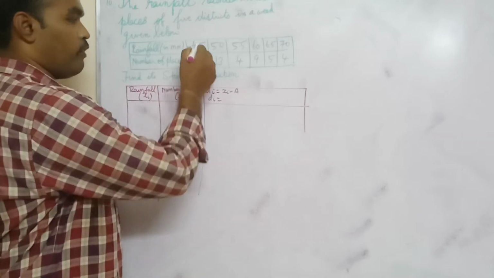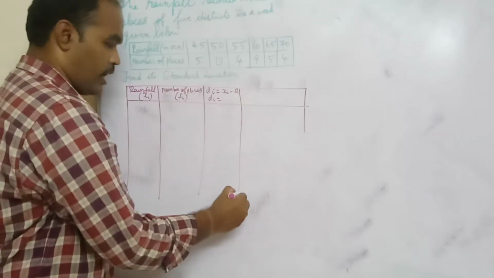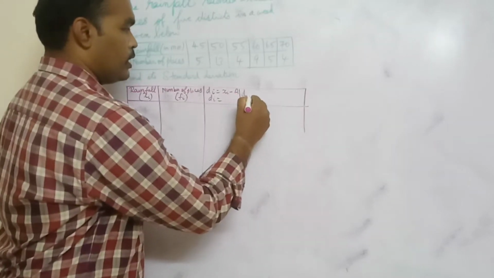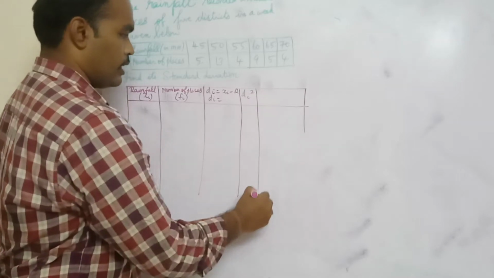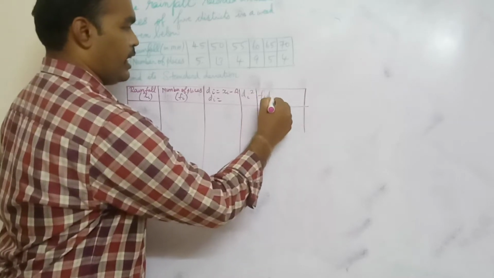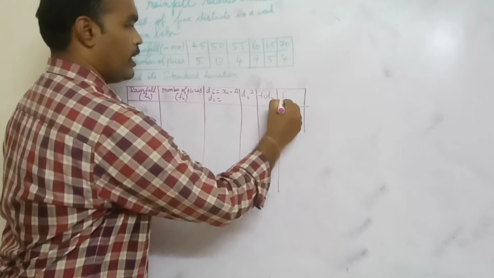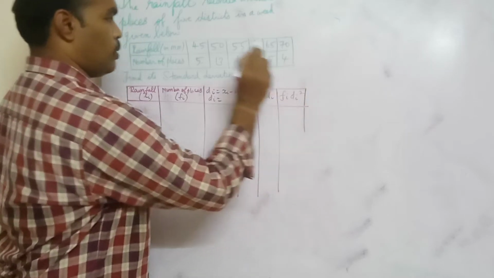Xi means the rainfall value they have given. Then di square, fi di, and fi di square.